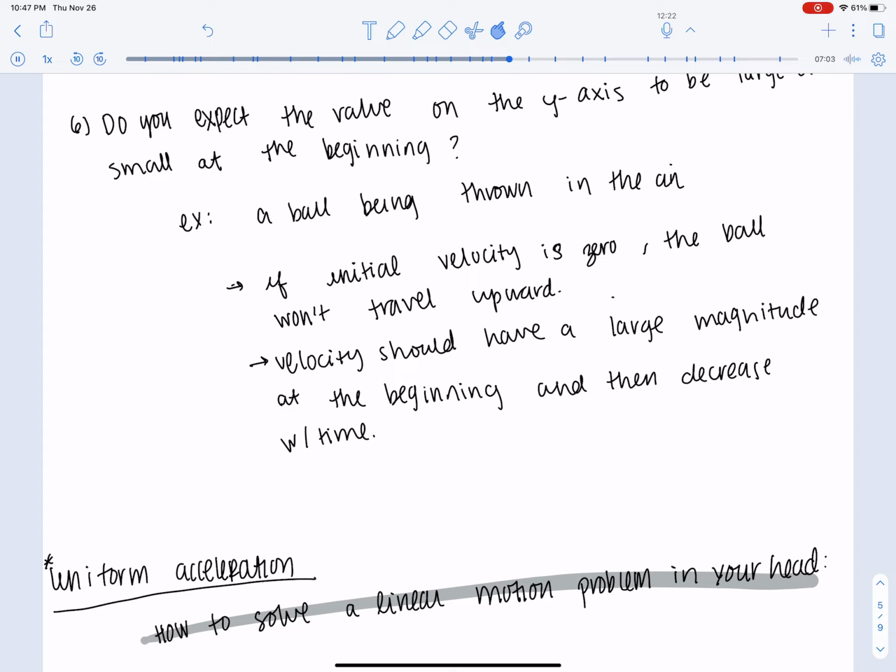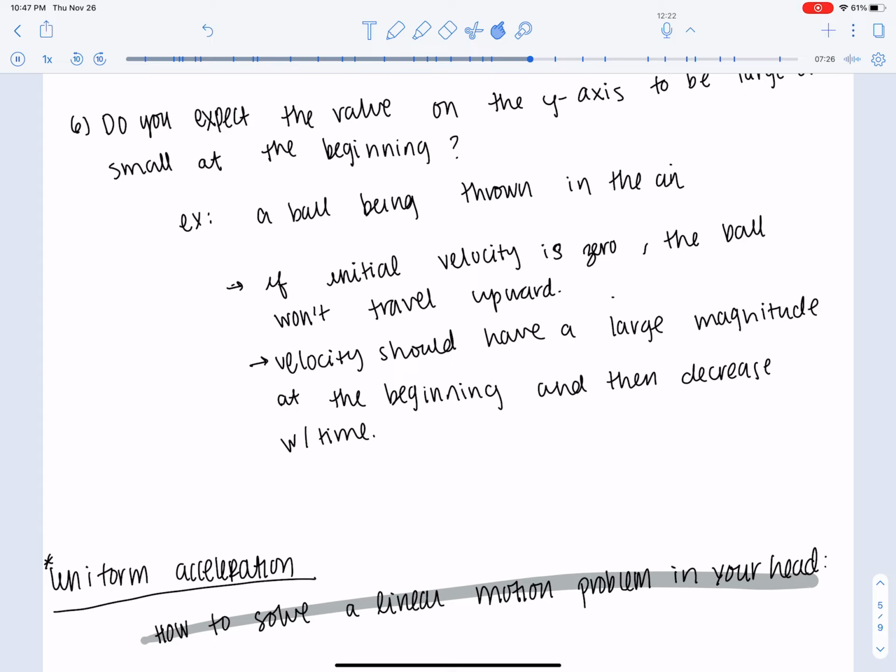It talked about how many students always choose a graph that starts at the beginning, like at the 0 of the x-axis, and it's not right. It should always be higher, because the initial velocity is not always 0, especially if a ball is being thrown in the air.